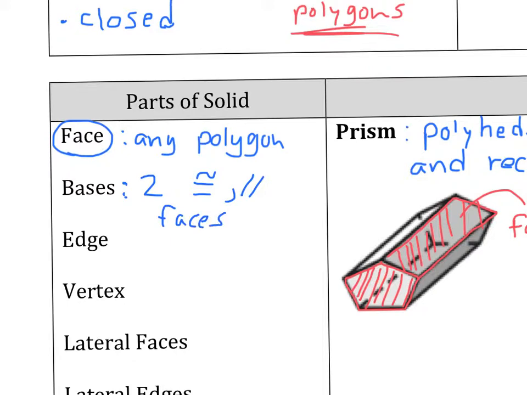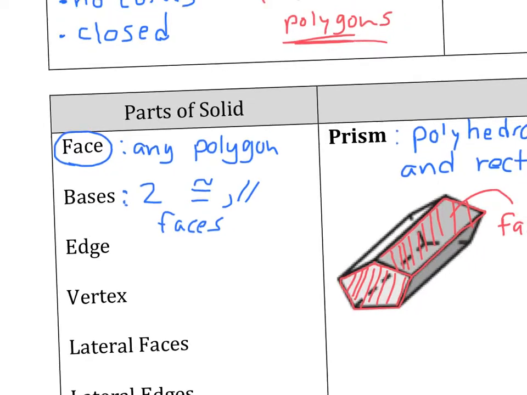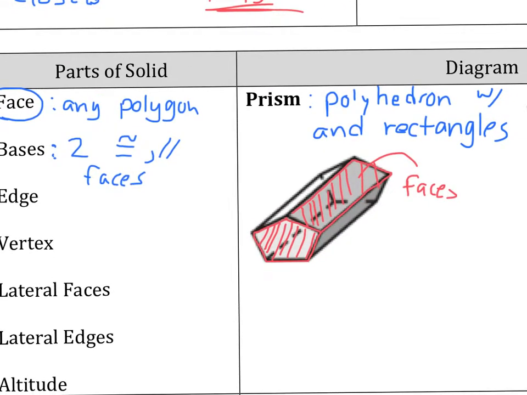So, if I were to look at this first prism, the base would be this guy in the front. That's a base. And then this guy in the very back is also a base. The front and the back.